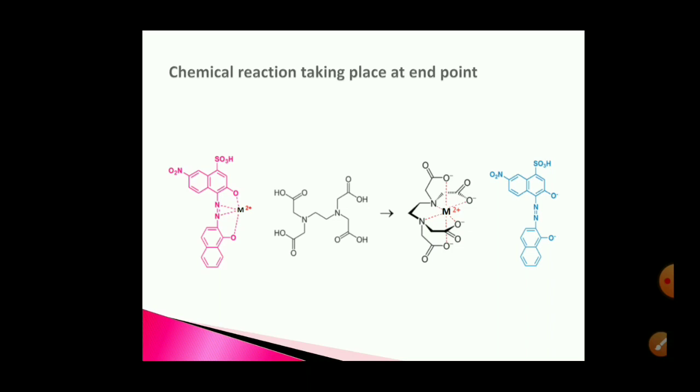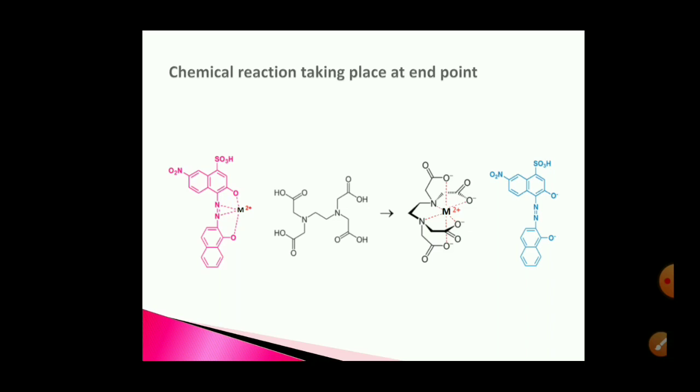So the pink color complex which is shown here on the extreme left is representing the wine red color solution, the wine red complex of metal EBT, that is reacting with EDTA, and the metal ions freed from the EBT are binding with EDTA, and free EBT is released, which is giving the blue color.